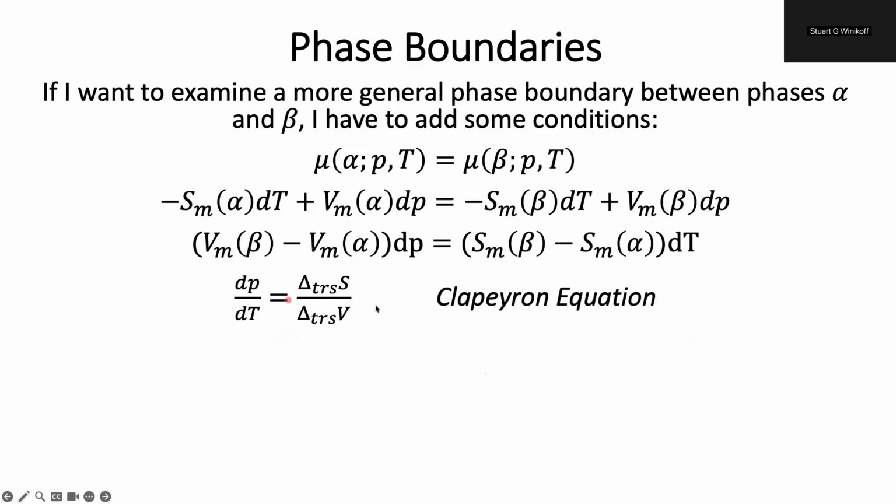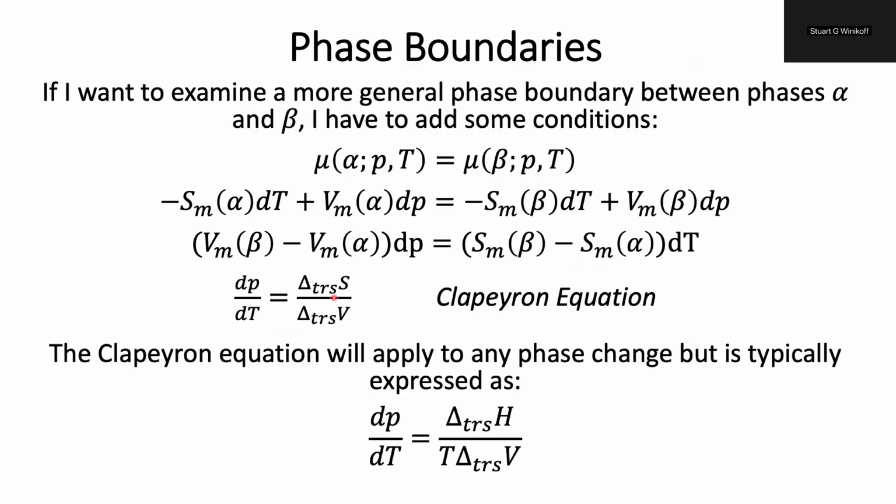The issue is that we tend not to really look at the entropy of transition because this is going to be a lot harder to measure. Instead, what we like to do is substitute out for the enthalpy. But note, if we're looking at a phase boundary, that assumes the system's at equilibrium.